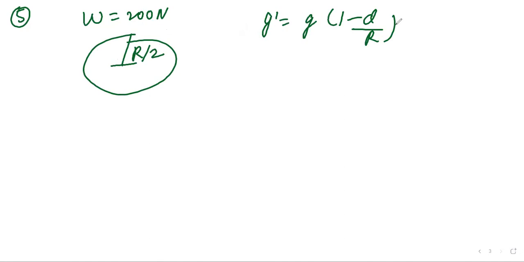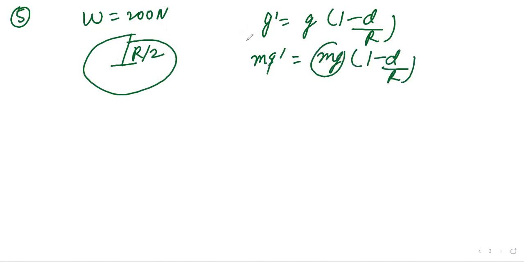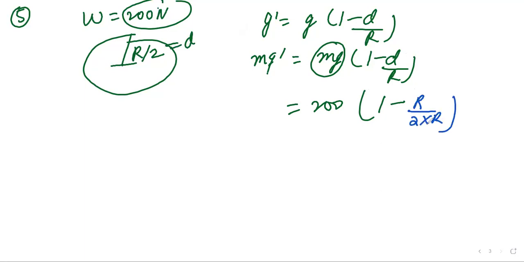So you can multiply both sides by m. So it will be m g dash is equal to mg into (1 minus d upon R). So mg value we know, right? 200. That is 200 into (1 minus d upon R), and d we know, that is R by 2, right? So it will become (R by 2) into R is equal to mg dash.